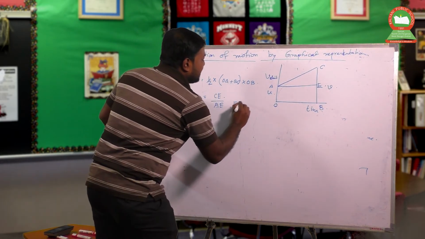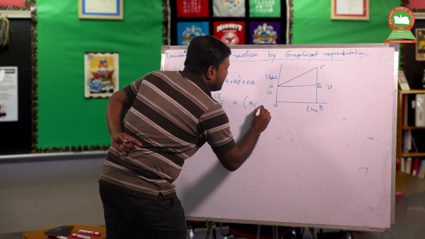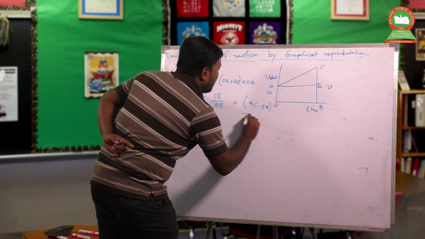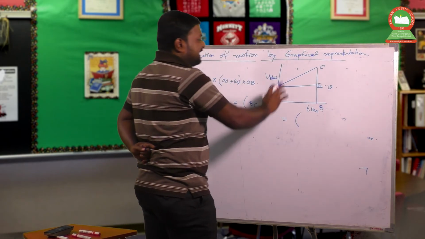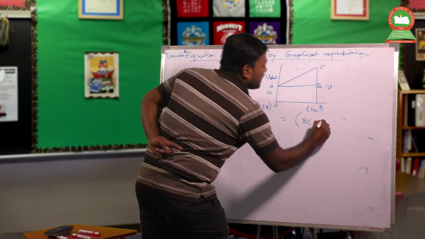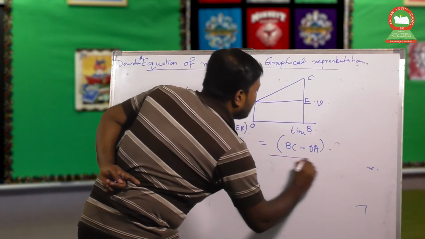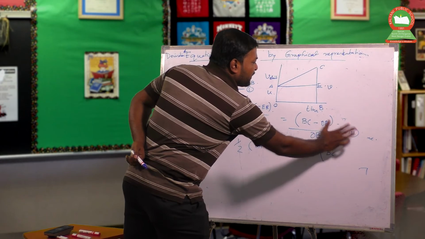Now CE is nothing but BC minus EB, and AE is nothing but OB. BC is fixed. EB is nothing but OA. So this is equation number 1 and this is equation number 2.